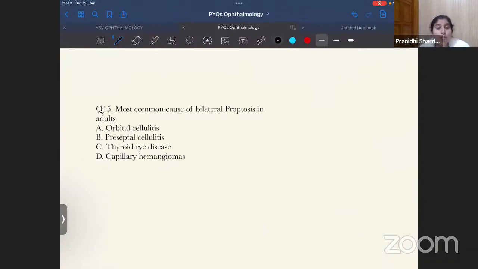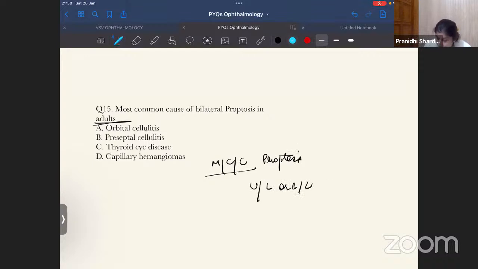Now the most common cause of bilateral proptosis. In adults, we know that the most common cause of proptosis, unilateral or bilateral, is thyroid eye disease. So the answer is thyroid eye disease. But in children the scenario is different.